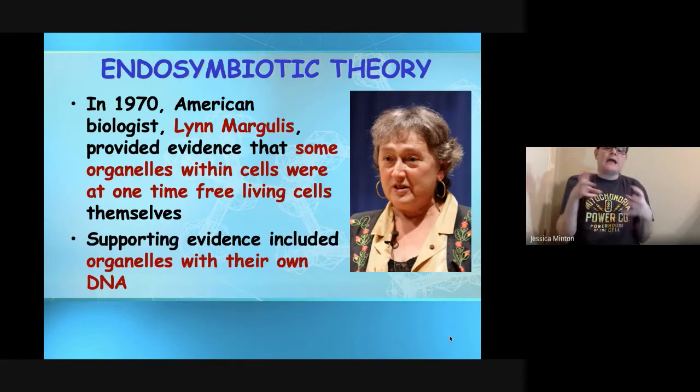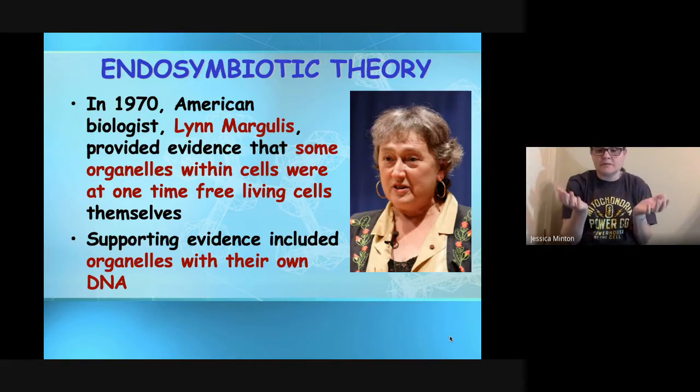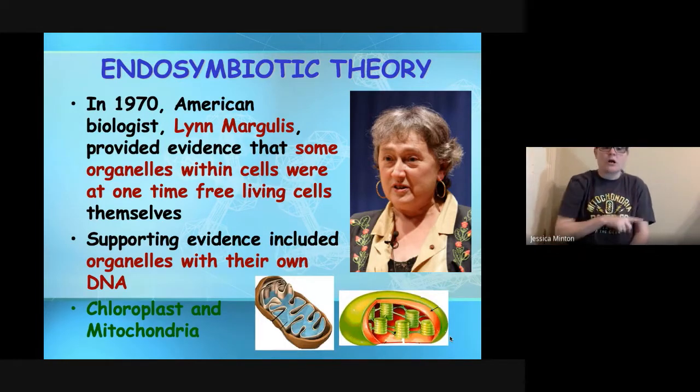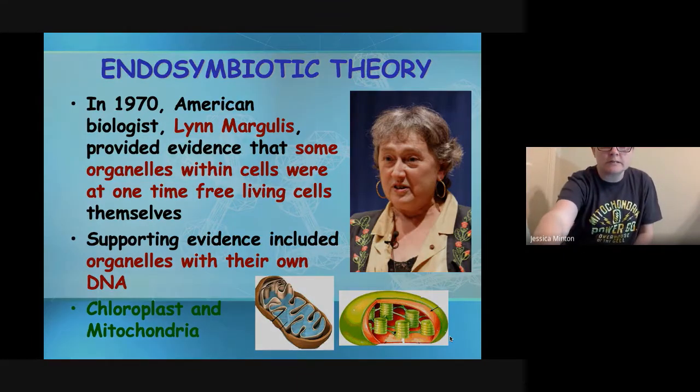So these organelles that we find in today's cells seem to have been free living themselves, freestanding, meaning that they had their own DNA. And the two that we talk about here are chloroplast and mitochondria. We will come back to those. They have their own set of DNA, separate from the rest of your cells' DNA in the nucleus.